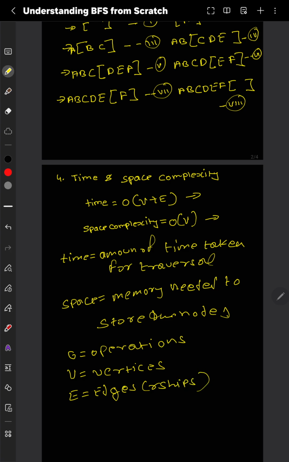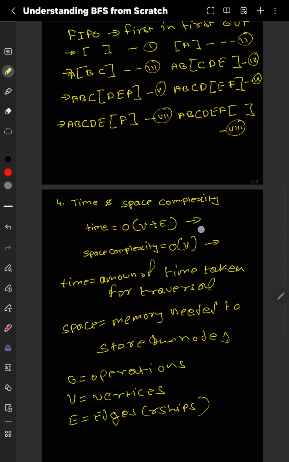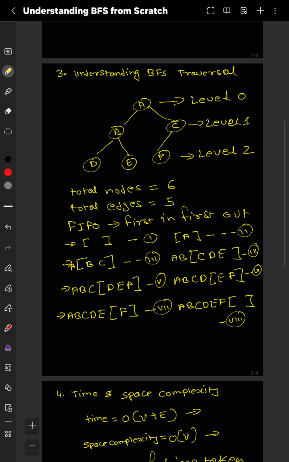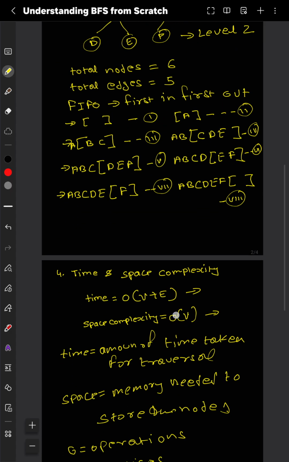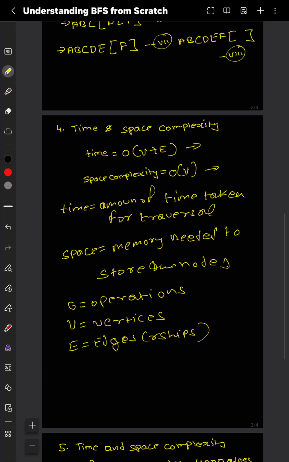So now if we need to see how many nodes were here, we had 6 nodes in total and 5 edges. So our time complexity would be O(6 + 5), that is equal to 11. And similarly our space complexity will be the number of vertices, that is nodes. So O(6), that is equal to 6. So this would be our time and space complexity.